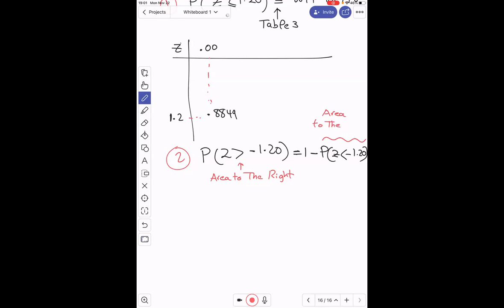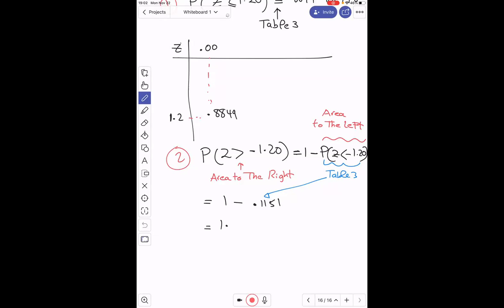So the area to the right is 1 minus the area to the left, because the whole area is 100%, or 1. You can get this area from the table for negative 1.20, which is 0.1151.